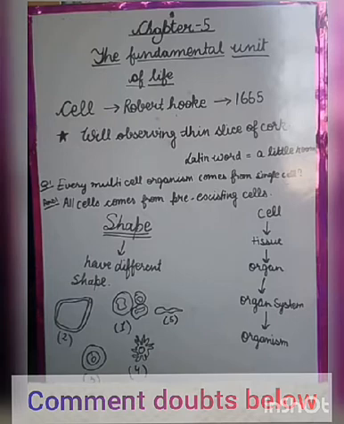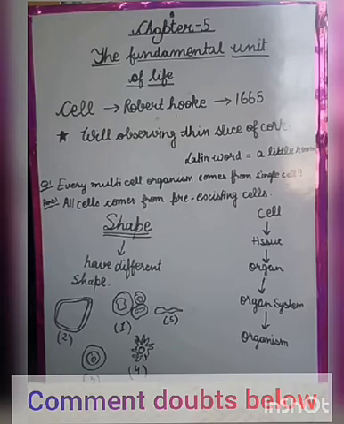Okay, very good. Now we have got the fundamental unit of life, which is a cell. So what is a cell? We can say it is like a little room. One cell is like a little room. But why am I saying this?